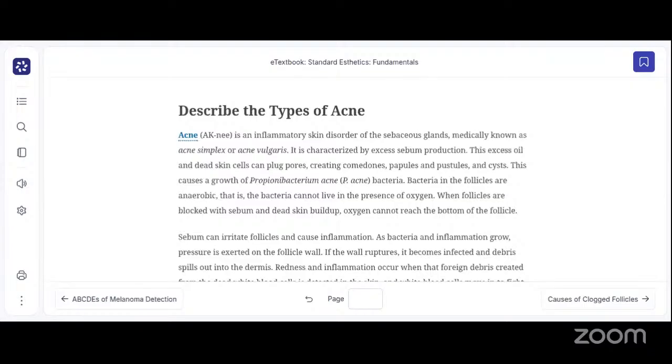Also, when I hear the word acne, I'm thinking their pores have enlarged to hold too much oil. So as a professional, as you're learning, when you see acne, you need to think of excessive oil and enlarged pores.